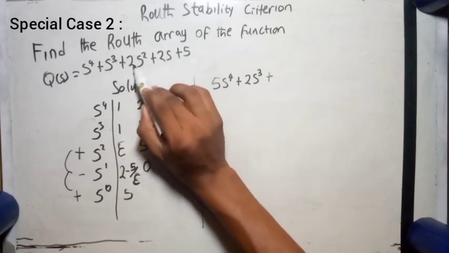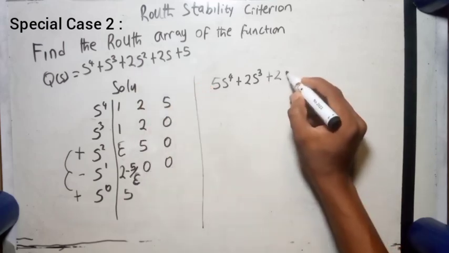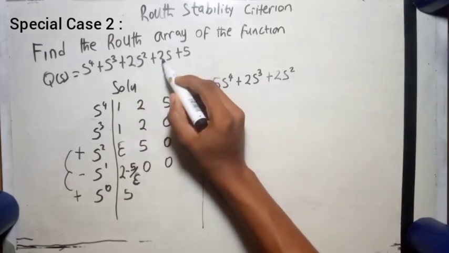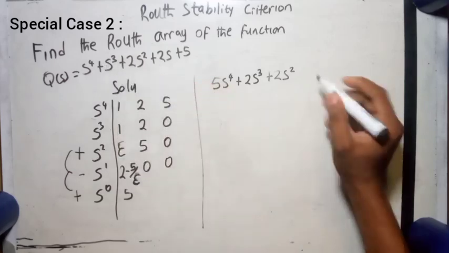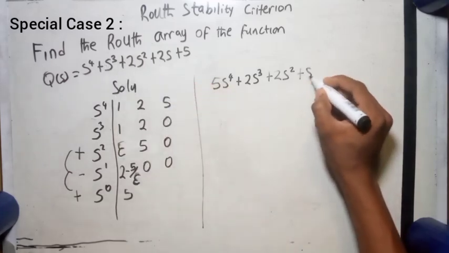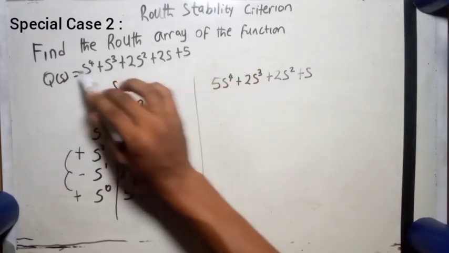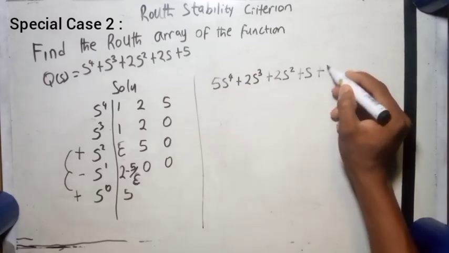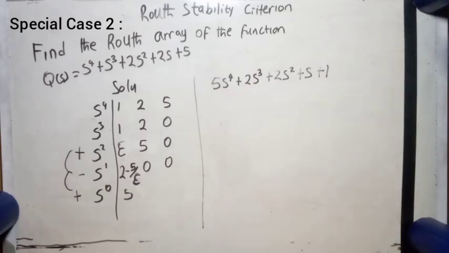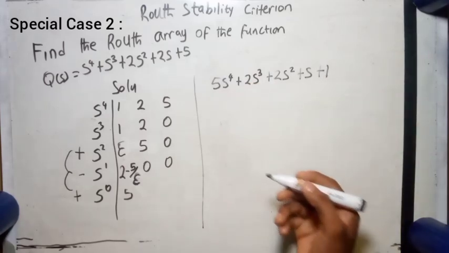Then whatever was here came over here, so we'll be having plus s, and over here plus 1, right? Now this is what we're going to be using to solve. This is another way of solving it.